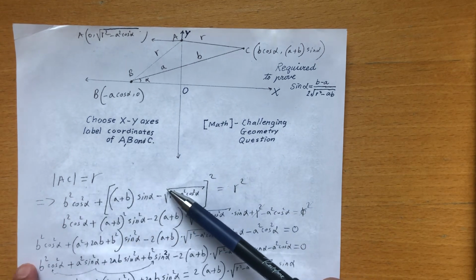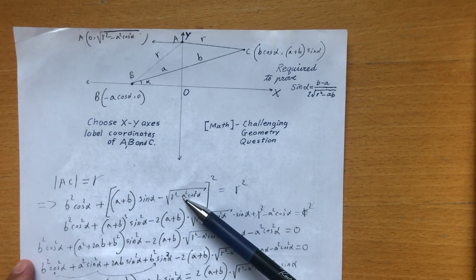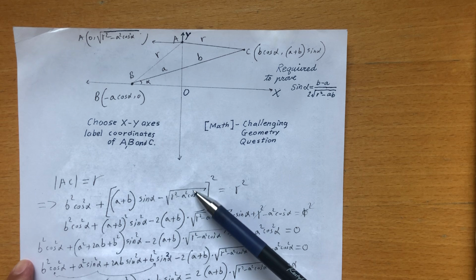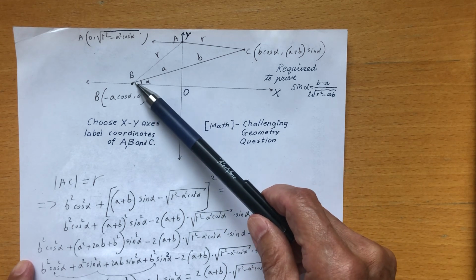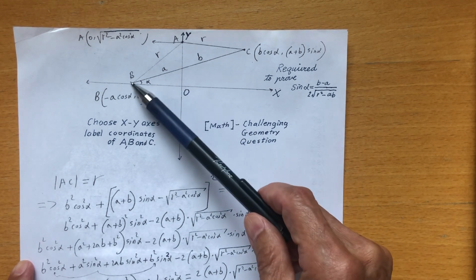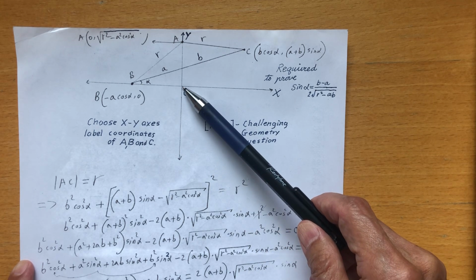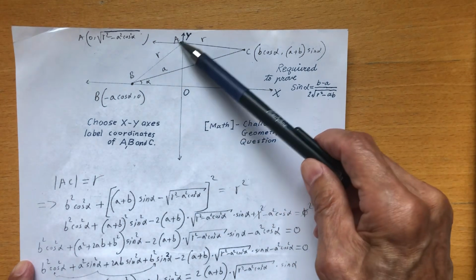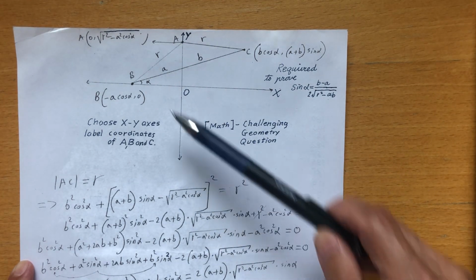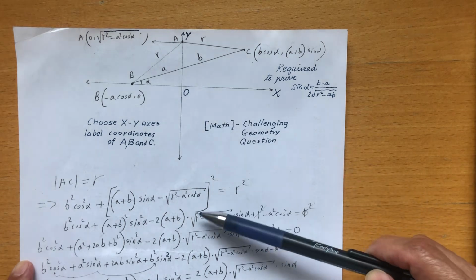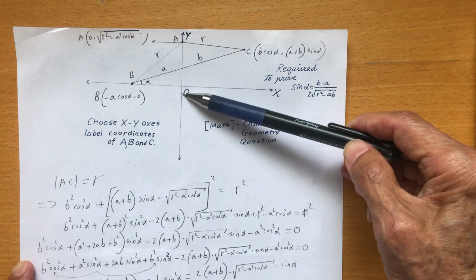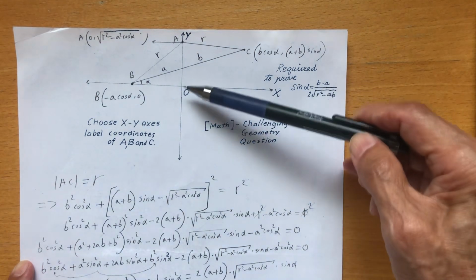What is this side? R squared minus this square, A cosine alpha squared, gives you this side. And take the square root, it is this side.